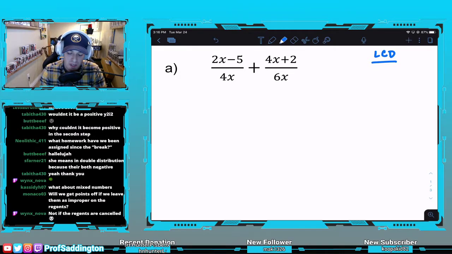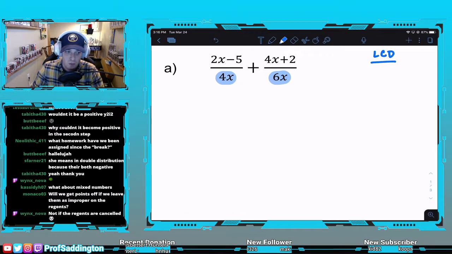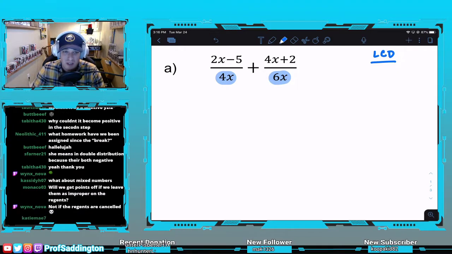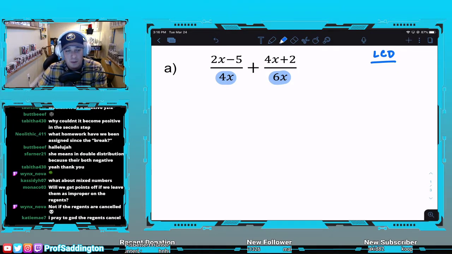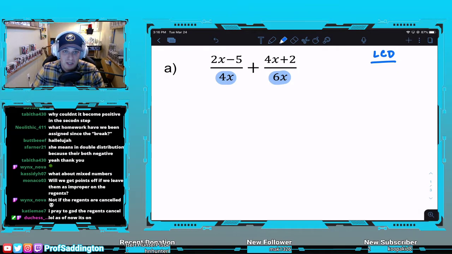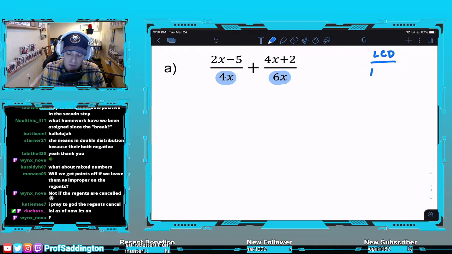So what we're going to do is, the only difference is when we go to look at these denominators on this one, we have 4x and we have 6x. So we still got to look at the number. You want to find the smallest number possible that 4 and 6 can fit into. So in this case, just like the previous problem we did, the smallest one that we can fit them into is 12, because 4 can go into 12 3 times and 6 can go into 12 2 times.